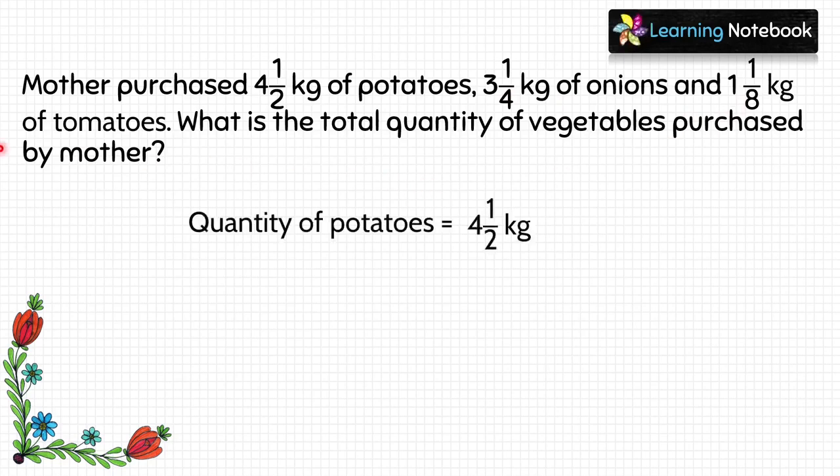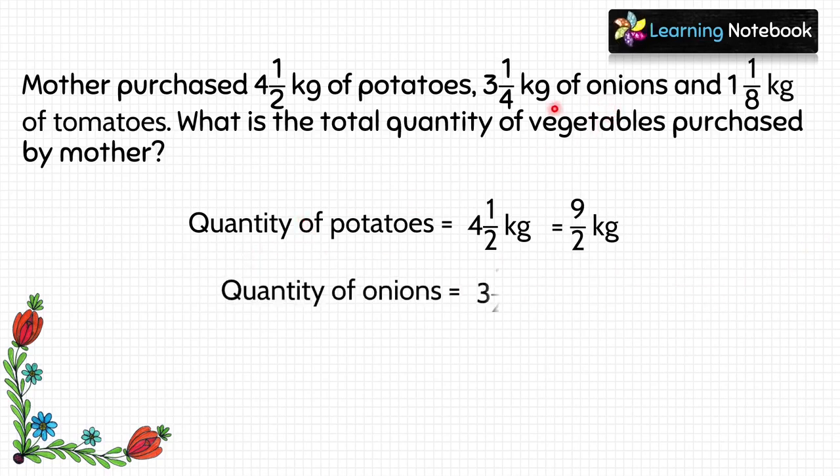So first let's write the statements. Quantity of potatoes purchased equals 4 1/2 kg. Now this is a mixed fraction, so let's first convert it into an improper fraction. We get 9/2 kg. Next, quantity of onions purchased equals 3 1/4 kg.